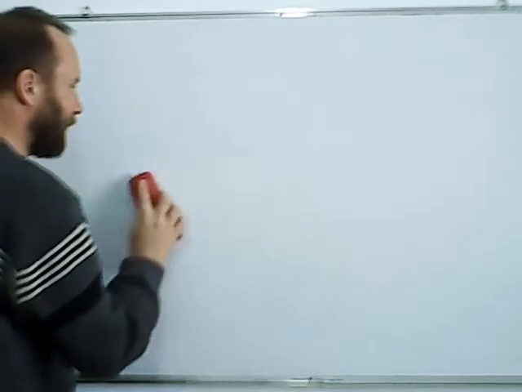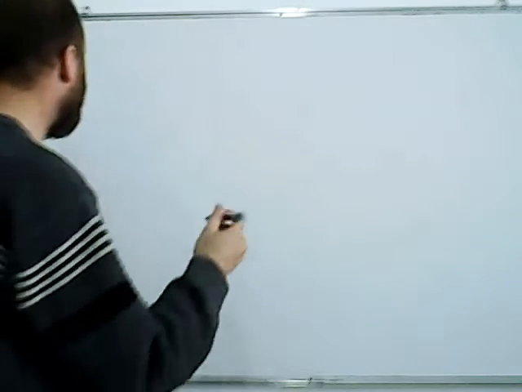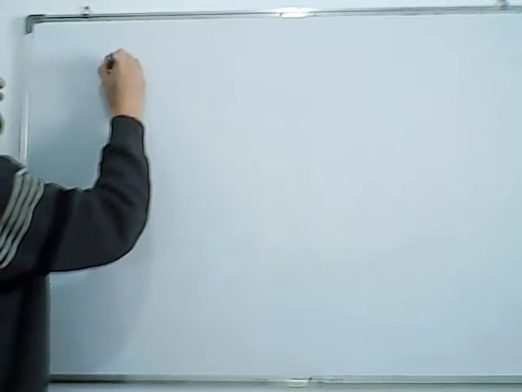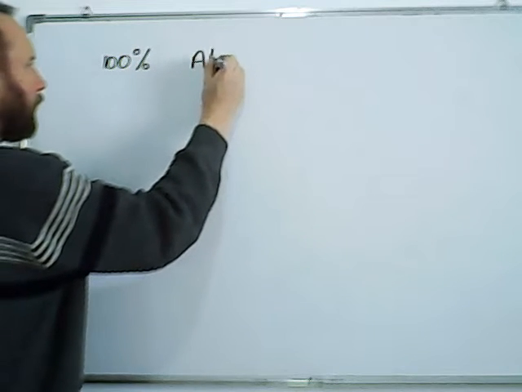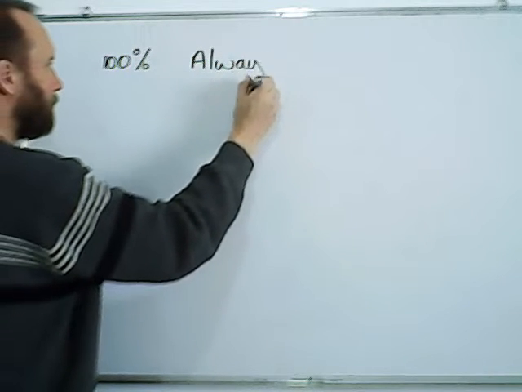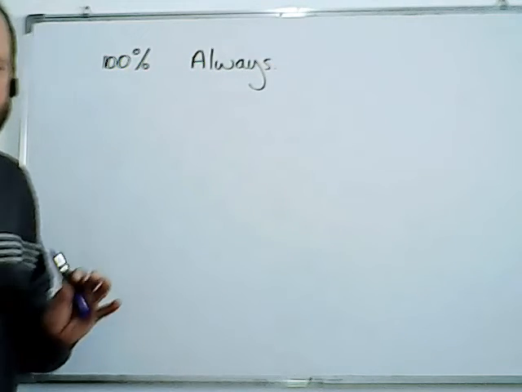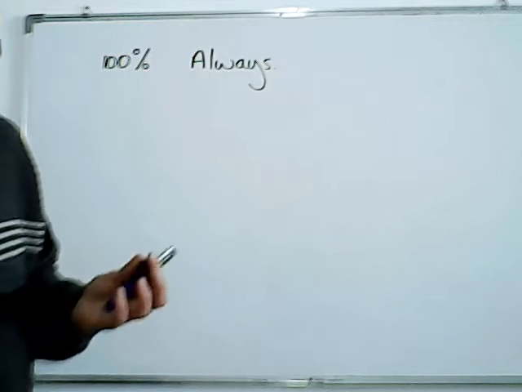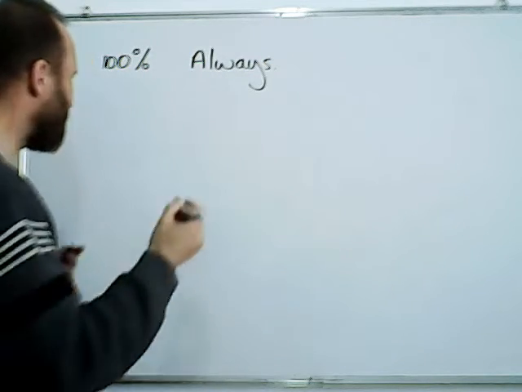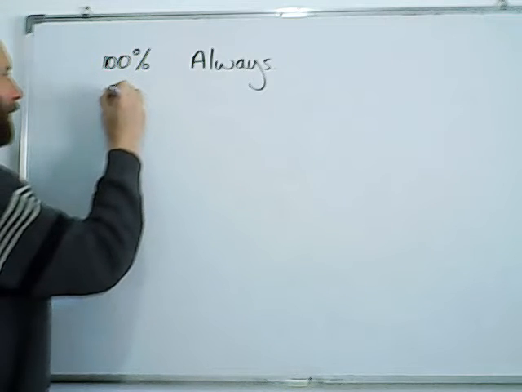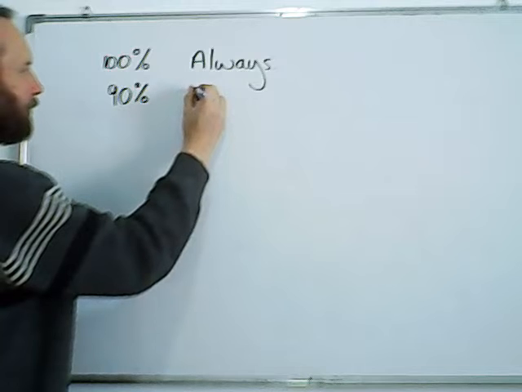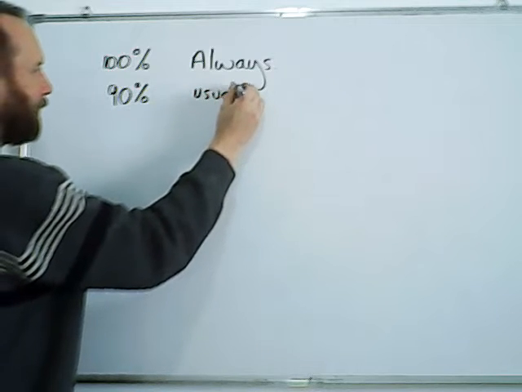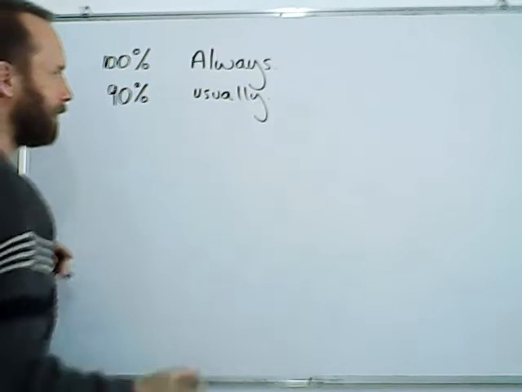We'll go from the top down, okay? So we'll start off at the top. Something that is 100%, we use always. Okay? These are just general ideas. It's not exact, but it's generally true, okay? For something that's 90% true, we say usually.